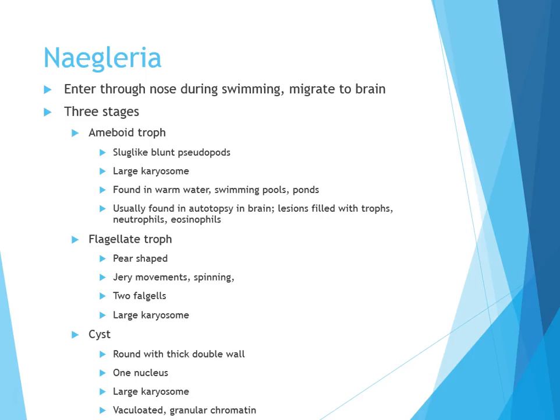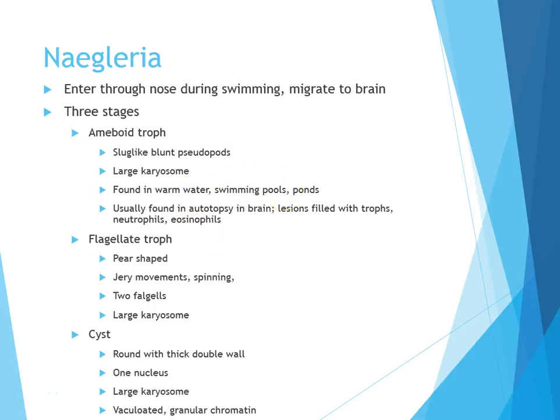There are 3 stages: the amoeboid troph, which has pseudopods, the flagellate troph, which has flagella, and then the cyst. The amoeboid troph has slug-like blunt pseudopods, a large caryosome, and this is found in warm water, swimming pools, ponds, rivers, lakes. It can be anywhere.